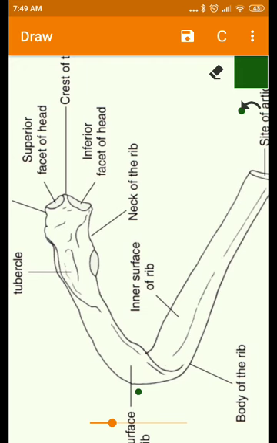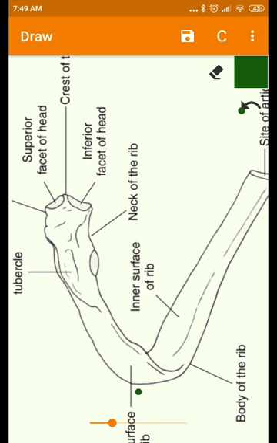The tubercle is placed on the outer surface of the rib at the junction of the neck and the shaft.